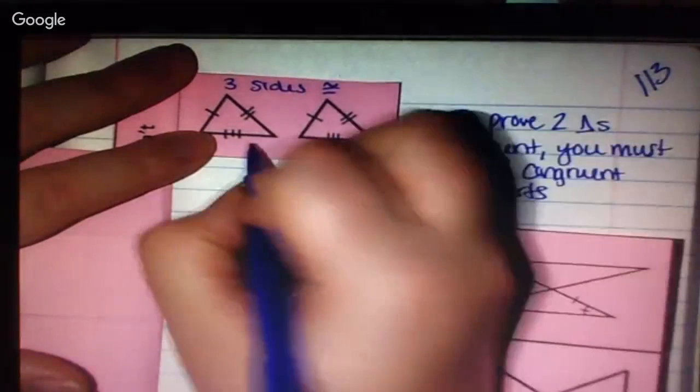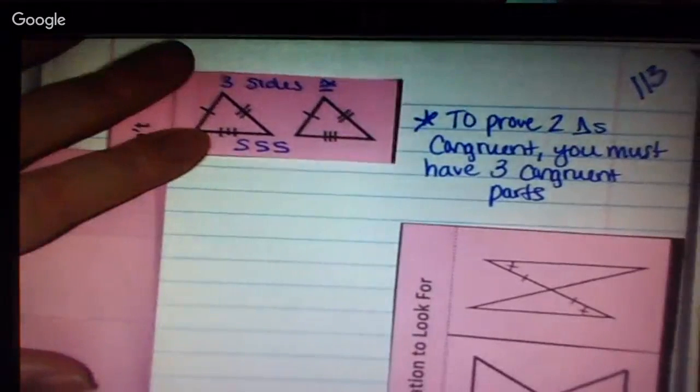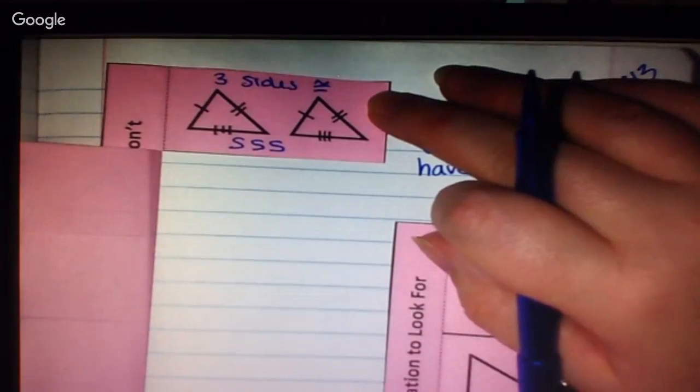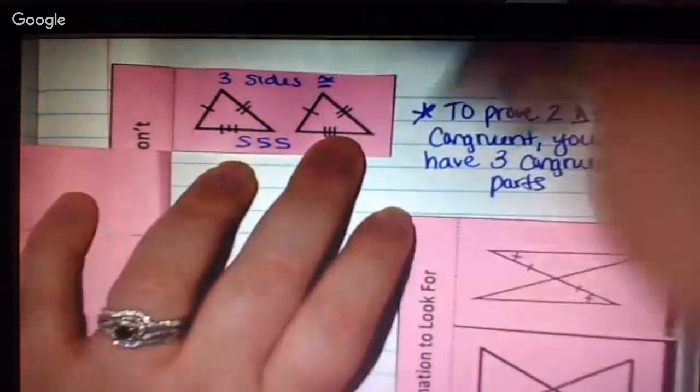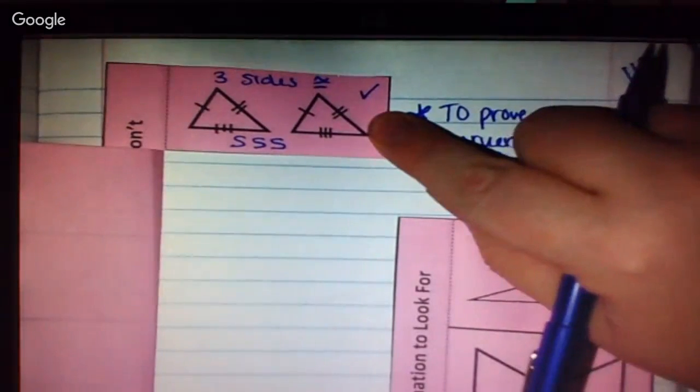And this postulate is called side, side, side, shorthand SSS. This postulate works. So you can put a check on here.